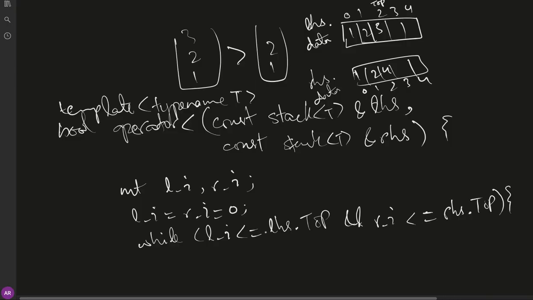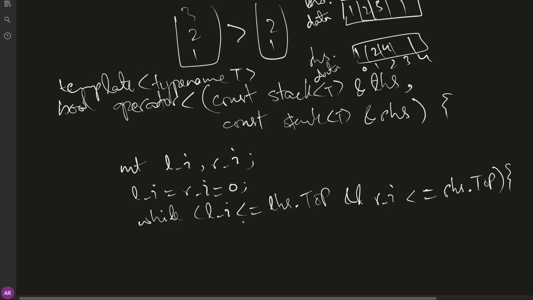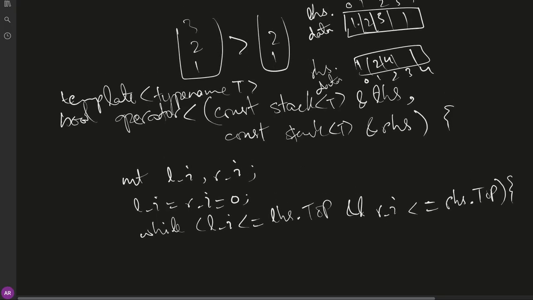So until these conditions are not met, we need to compare the values one by one. So we will only move ahead if both the values are the same. Only in that case we need to check the next index.